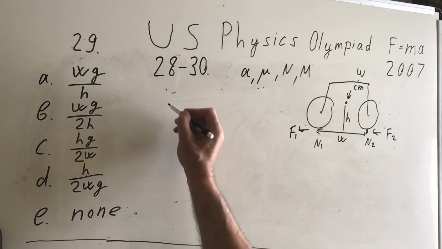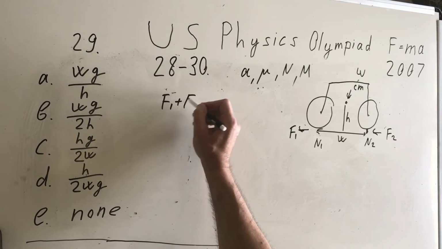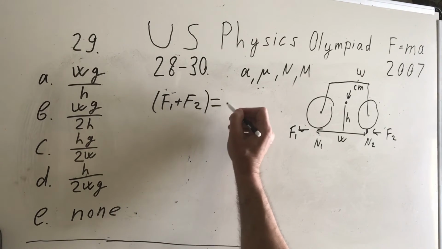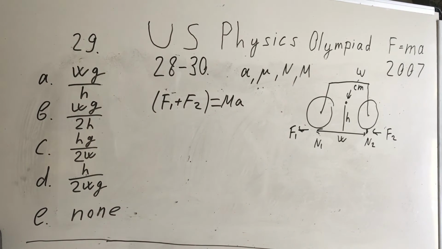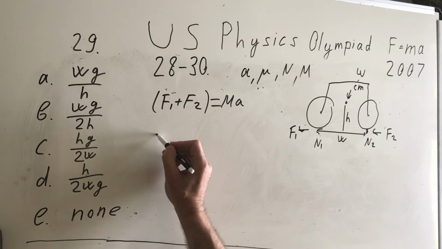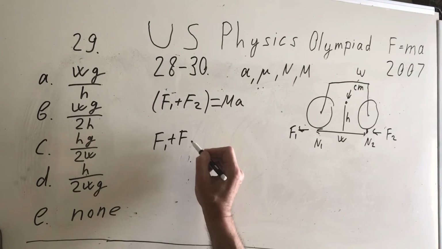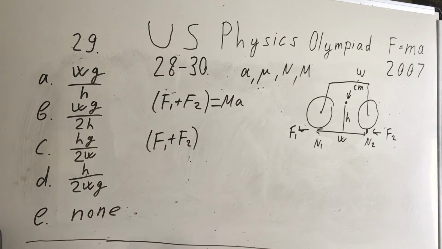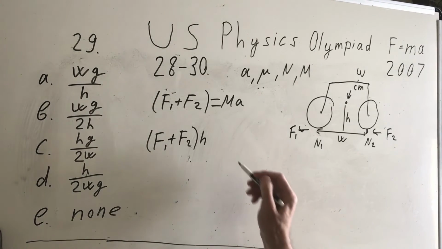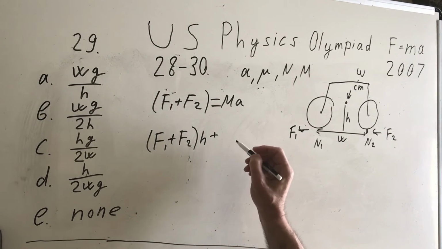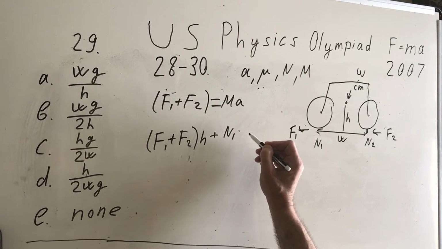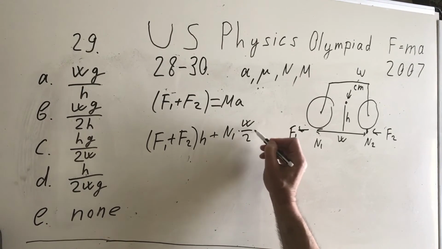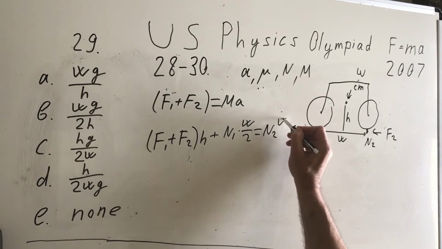So first we can write the equation F1 plus F2 equals ma, and for static rotation we have F1 plus F2 multiplied by h plus N1 multiplied by w over 2 equals N2 multiplied by w over 2.